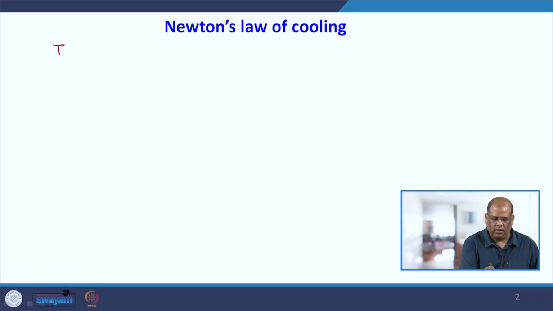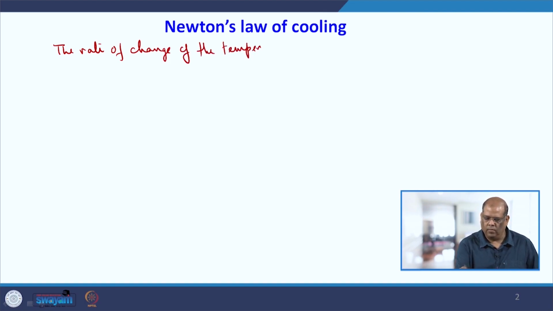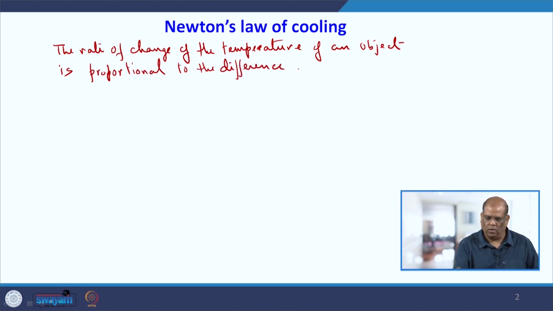It says the rate of change of the temperature of an object is proportional to the difference between its own temperature and the ambient temperature.